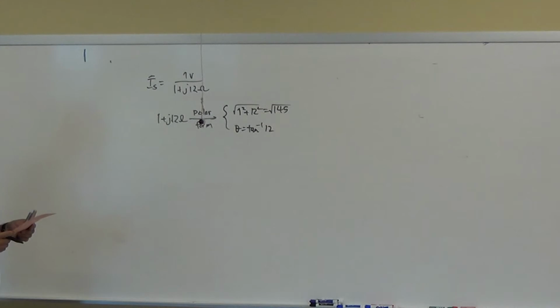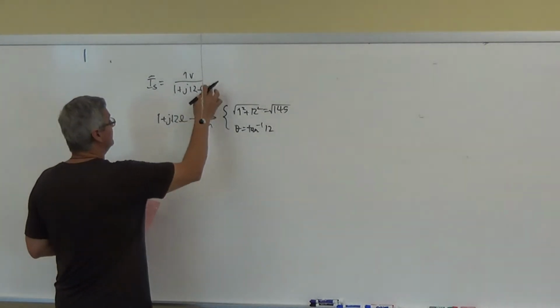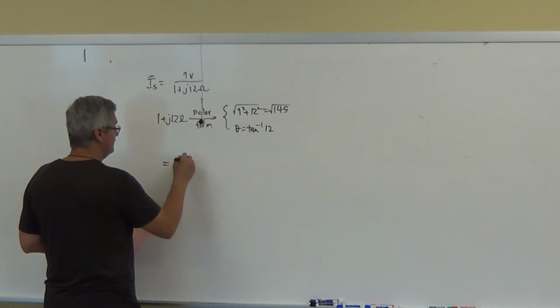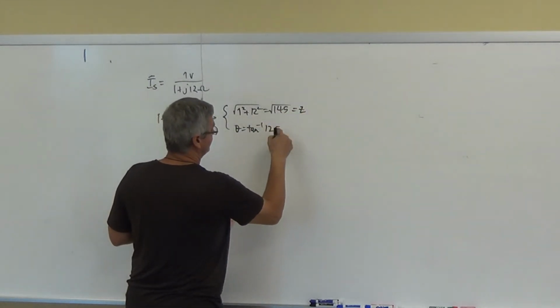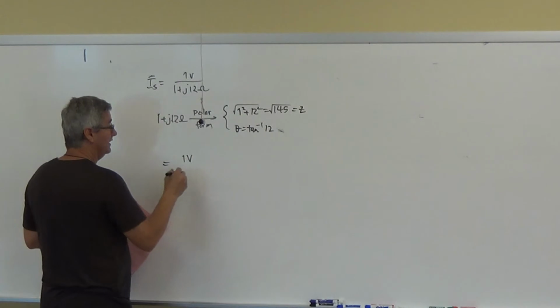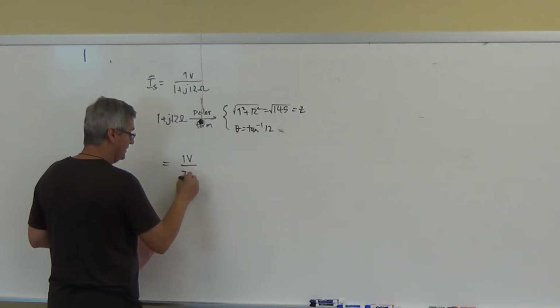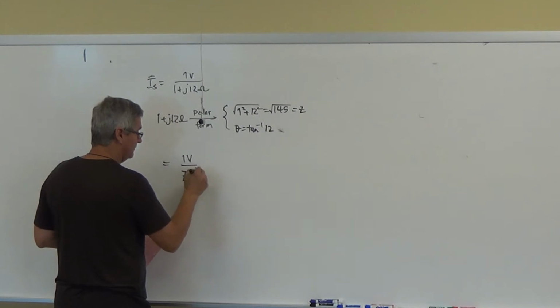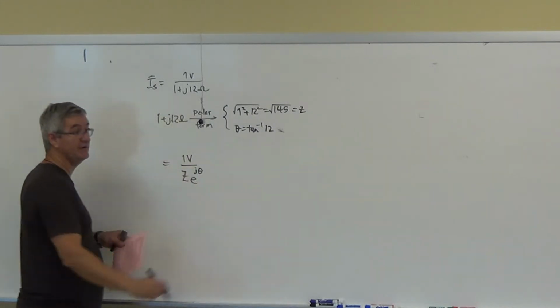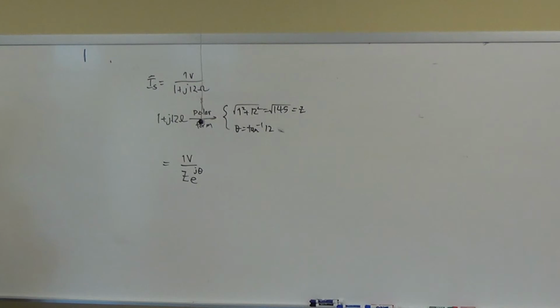So if I calculate this in polar form, what I end up getting here is that this now is 1 volt, and let me call this Z, and this, of course, theta right here. So then I have Z e to the j theta. And I'm going to get a positive value for the angle.